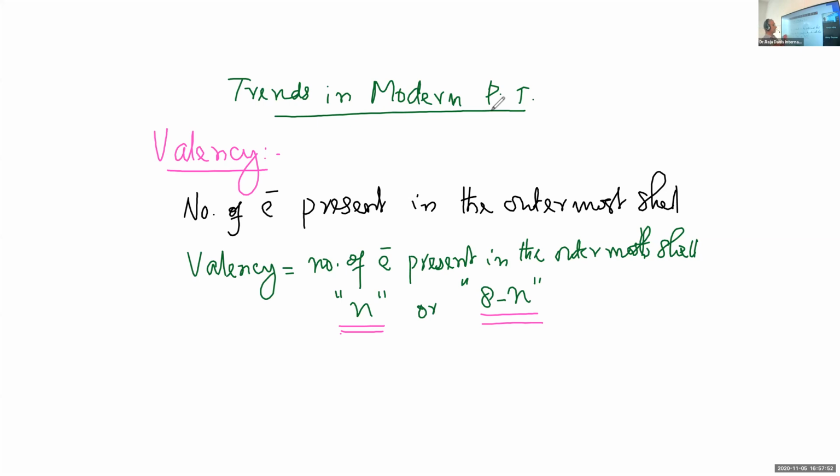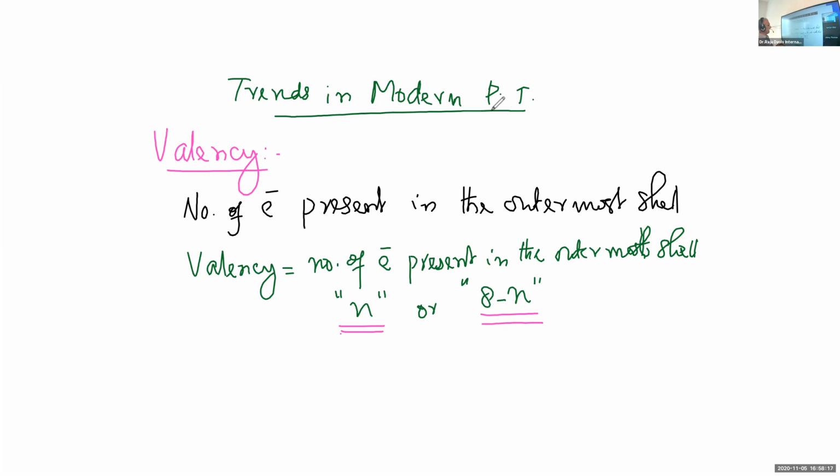Here N is the number of electrons present in the outermost shell. So valency is equal to N, or it may be 8 minus N.